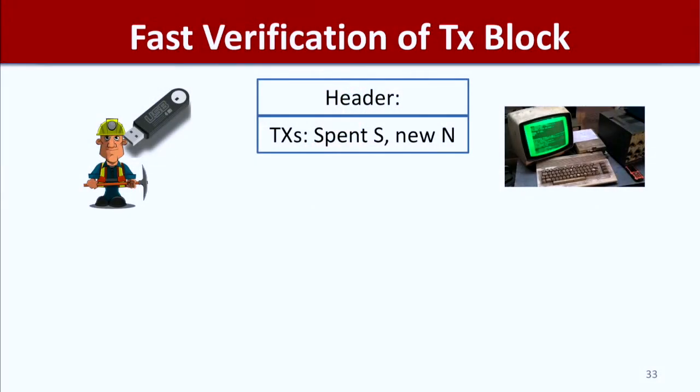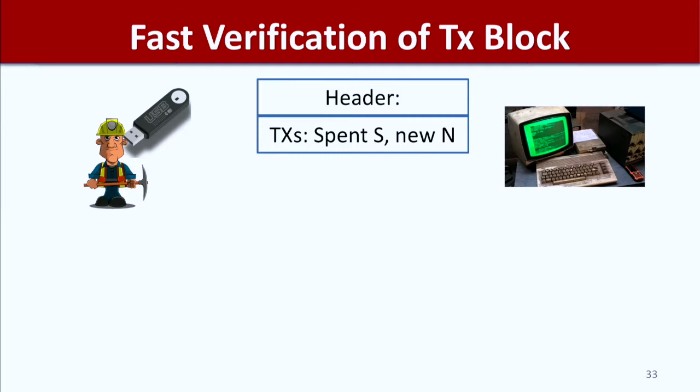So putting things together, if we look at how you would form a block of transactions in Bitcoin, you have a header which references a whole bunch of previously spent transaction outputs, those spent coins, and your transactions all create a bunch of new coins.